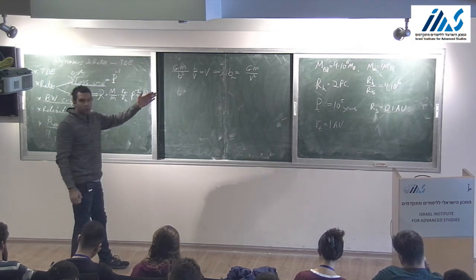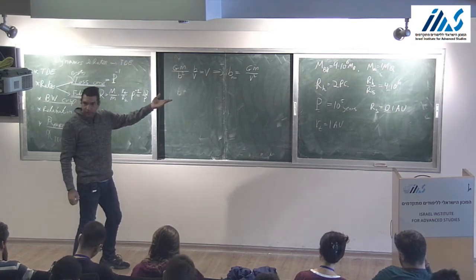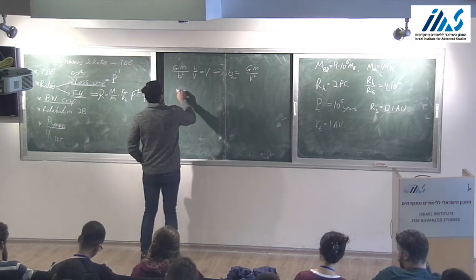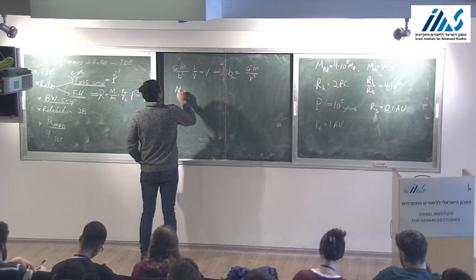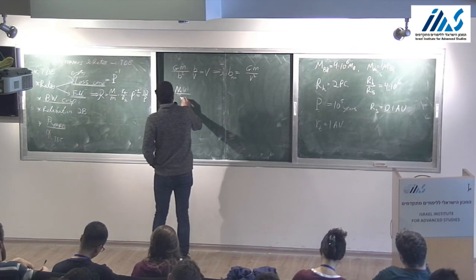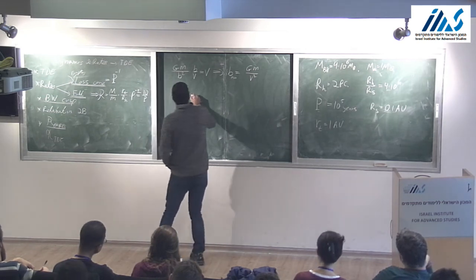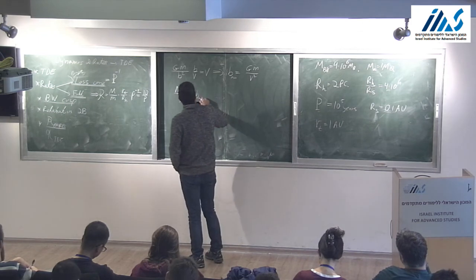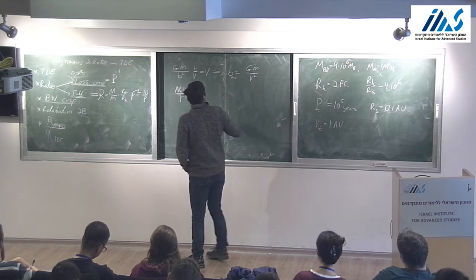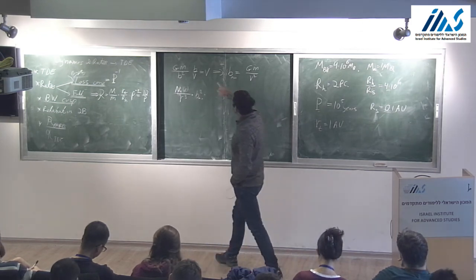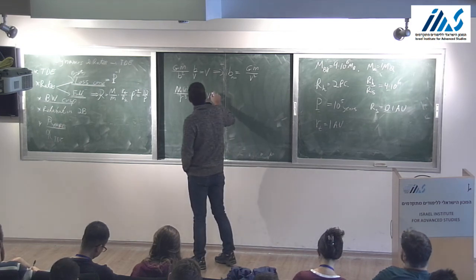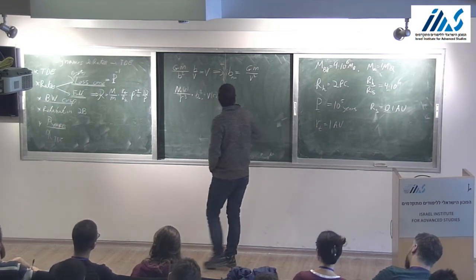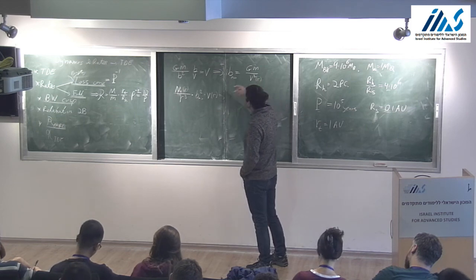And then if I want to calculate the rate of these events, it's the number of stars at distance r divided by r cubed times b min squared times the relative velocities, which is a function of r.